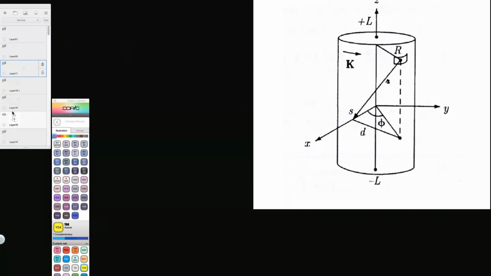Yeah, because the x hat, here we're taking a patch, but if you go to a patch on the other side, you're going to get a cancellation. And on the y, there'll be a component here, but if you go to the other side, that will be a negative side. But the z's are going to add up. Okay, all right, so we're just going to kill those other ones. Again, you can always prove it to yourself by actually integrating it up, right?